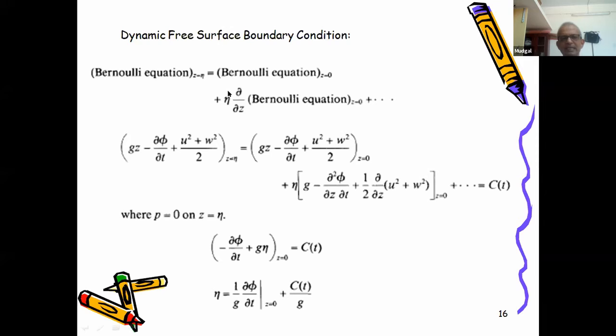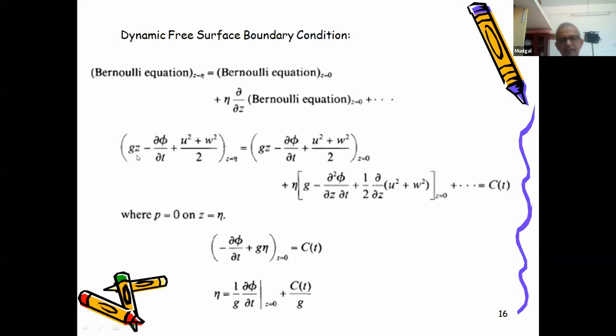Now, since we are taking small amplitude wave theory, we can expand this Bernoulli's equation itself by using Taylor series. And what is the Taylor series? The Bernoulli's equation at z equal to eta is nothing but the Bernoulli's equation at z equal to 0, that is the Bernoulli's equation at still water level, plus the higher order terms. Since eta is the displacement of the free surface from the still water level, it is eta into del by del z of Bernoulli's equation at z equal to 0 plus higher order terms. So higher order terms we are neglecting, and you substitute this here.